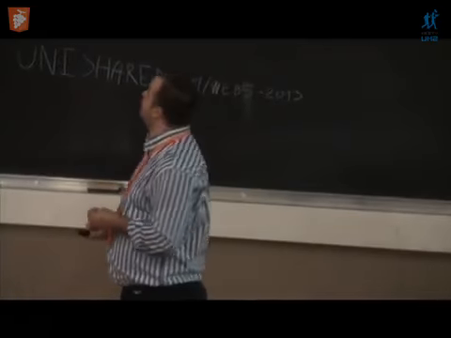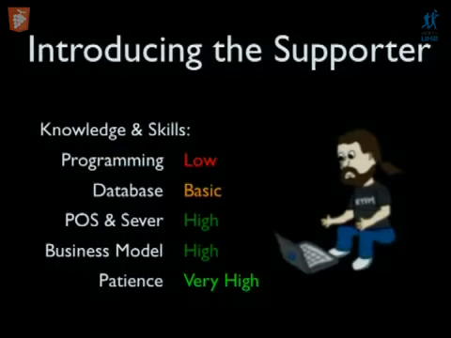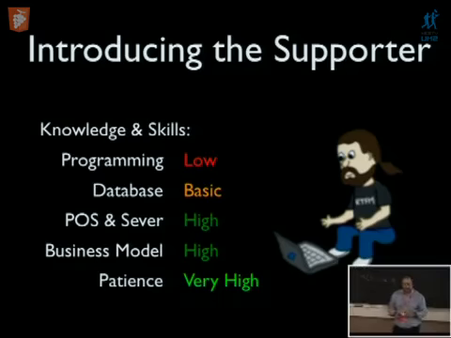So let's introduce our supporter guy, R3FM. They are really low on programming. They know how to make an if, and that's only it. In databases they are very basic. They know how to make a select, but don't know how to make joins, inner joins, no, a simple select only.